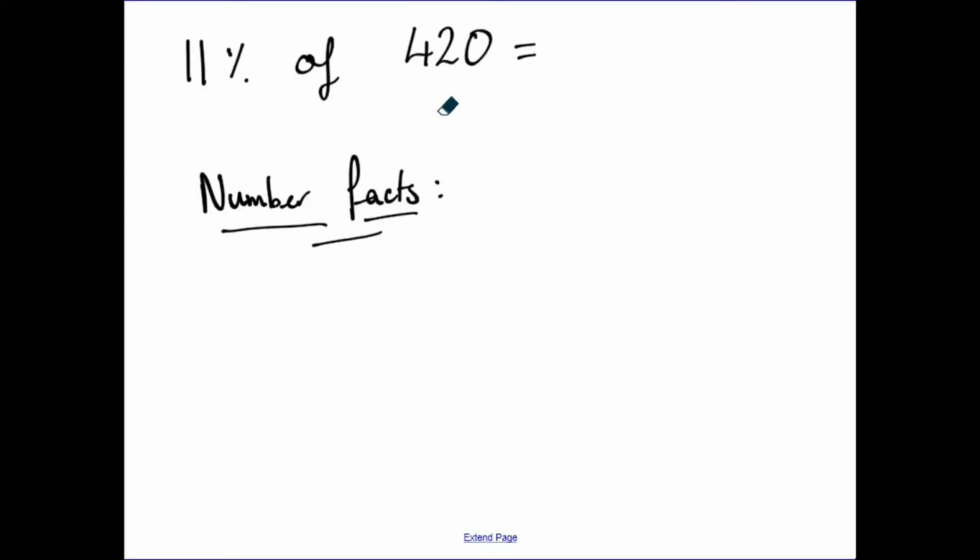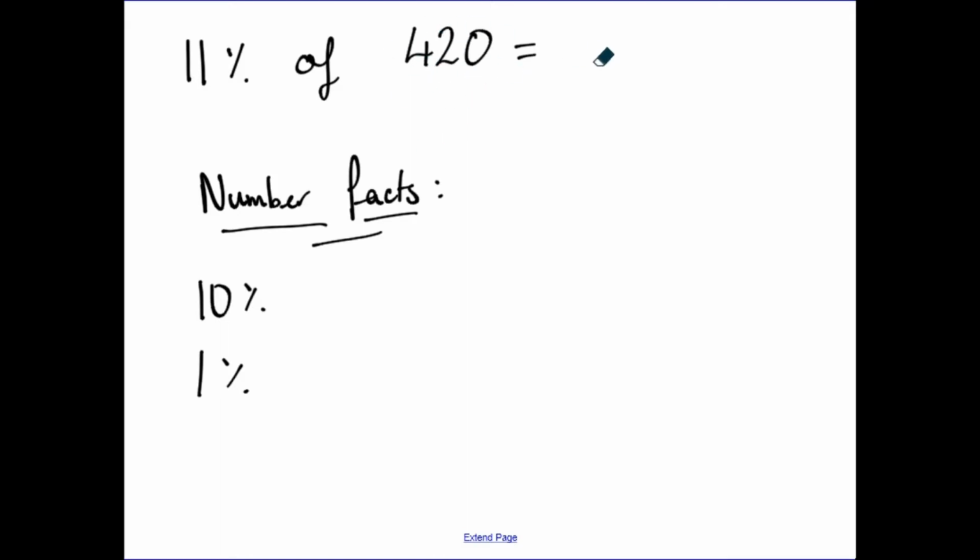Now, that is one way of working them all out. Of course, another way would be to use your number facts. So if it was saying 11%, for example, you could find 10%. You could then find 1%, and then you could add them together. So 11% of 420. If you didn't want to divide by 100 and times by 11, you could find 10%.